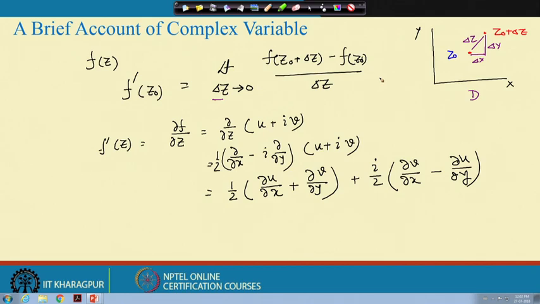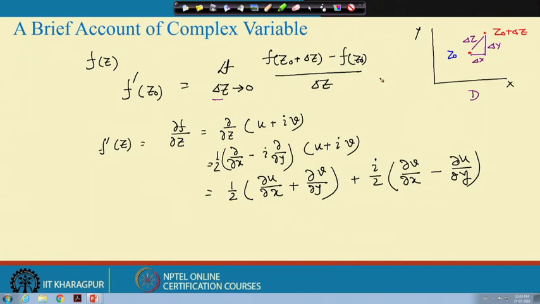So irrespective of how the combination delta x plus i delta y approaches 0, it has to be valid in both cases. When delta x is equal to 0 and delta y approaches 0, this is essentially the derivative with respect to y, and when delta y is equal to 0 and delta x approaches 0, this is essentially the derivative with respect to x.